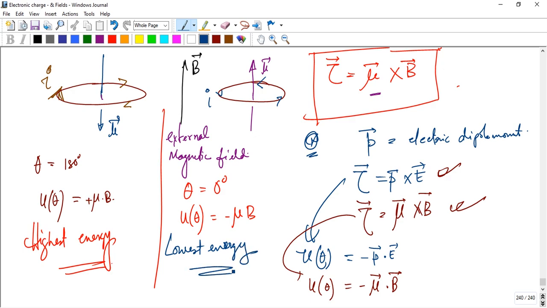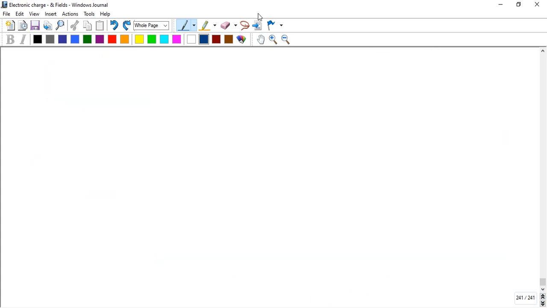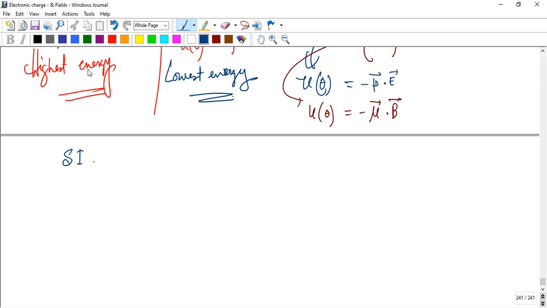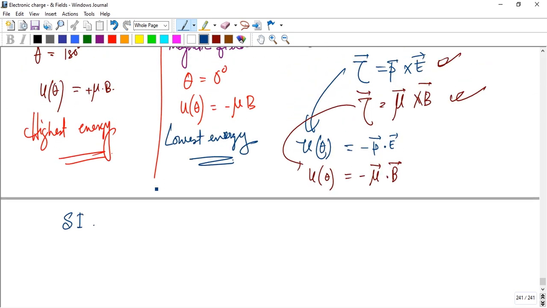Clear? So here, the SI unit of magnetic dipole moment. Now we discuss the SI unit of magnetic dipole moment. Here you see that mu equals U by B, from here or here, whichever equation you use.